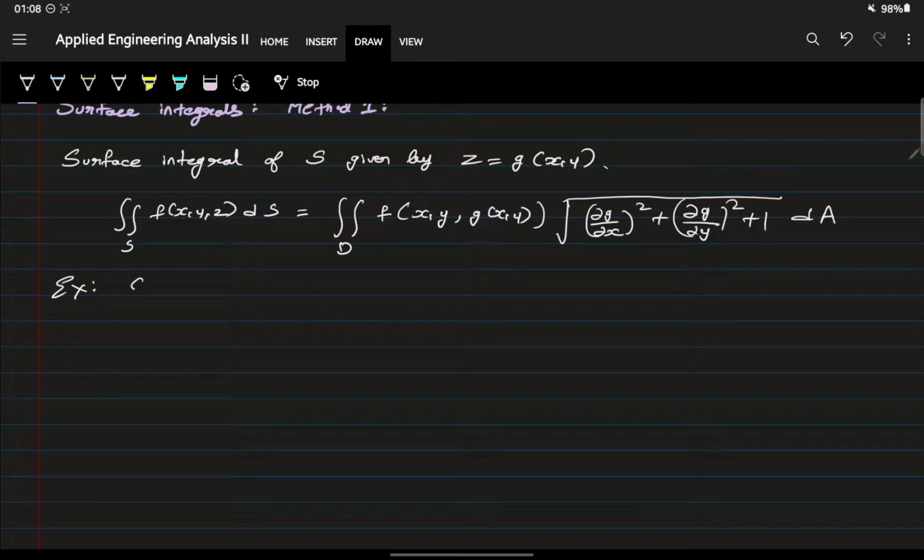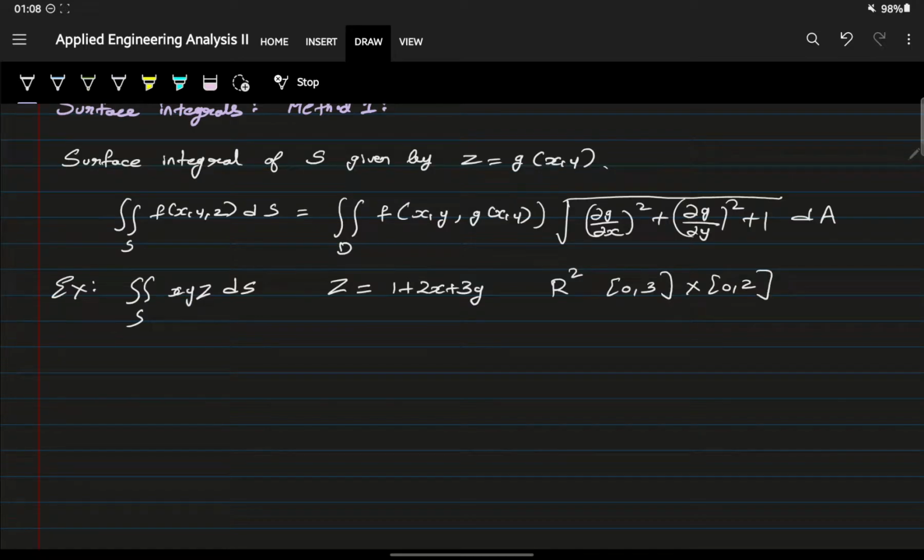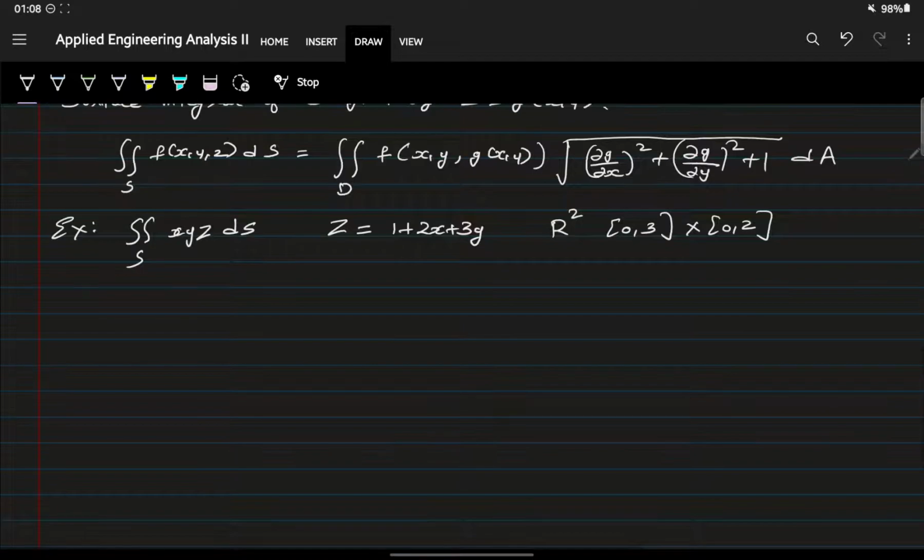We need to evaluate the surface integral of xyz dS, where S is a part of the plane z equals 1 plus 2x plus 3y and lies in a rectangle with the given limits.